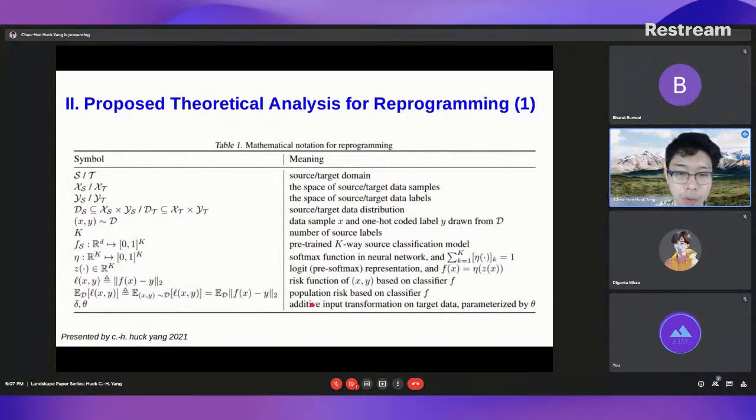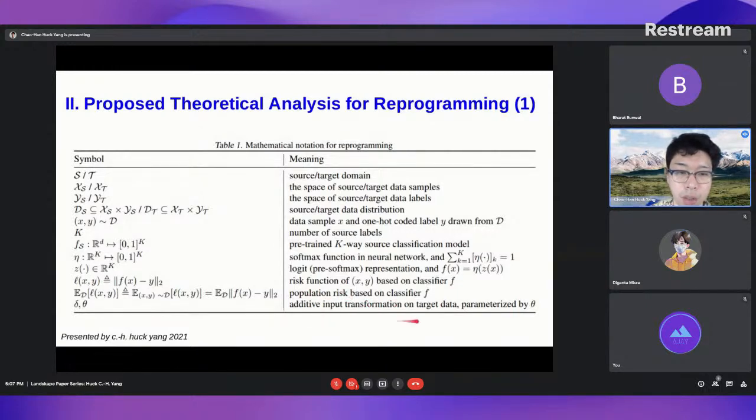And finally, if we look over the data set, we will have a population-level risk based on this classifier, because we want to add a noise on this X. So we also want to estimate this distribution adaptation during this nonlinear transformation. So we have this population risk analysis.